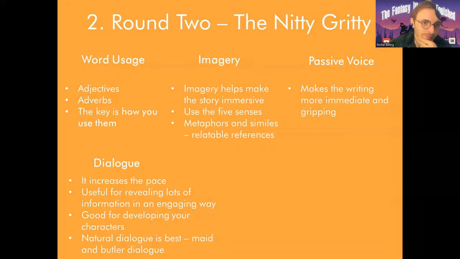And the trick I find with dialogue is to be natural, especially to the characters. Another way to look at it is to be oblique, which means don't be as clear with what you're saying. There's a theory that Brandon Sanderson talks about called maid and butler dialogue. So this means that if you were observing a conversation between a maid and a butler as a fly on the wall, you wouldn't really be able to understand everything they were saying, because they'll know the details of their conversation.